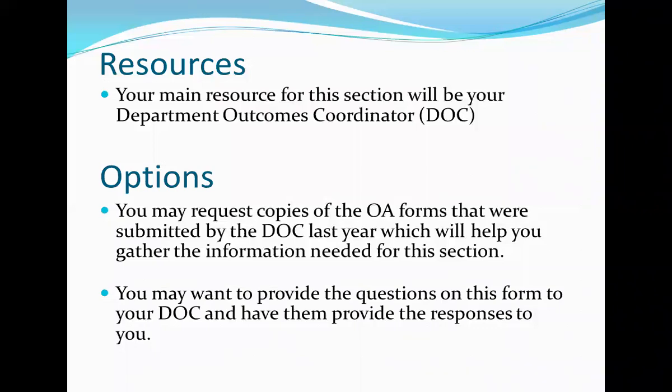You can request copies of the OA forms that were submitted by the DOC last year, which will help you gather the information needed for this section. Or you can actually just download the form from the program review side and hand that to your outcomes coordinator and have them provide the responses to you, and then you can cut and paste those in. So there's a couple different ways you can do it, or you can meet them in person and sit down and go through it together.